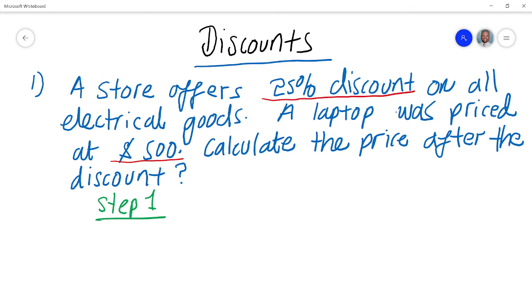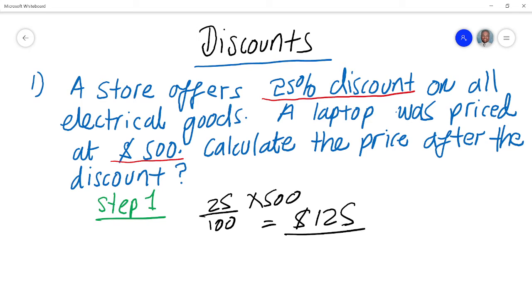The first step is you get 25% of $500. So you go 25 over 100, because that's what 25% means, and you multiply it by 500. You're going to get $125.